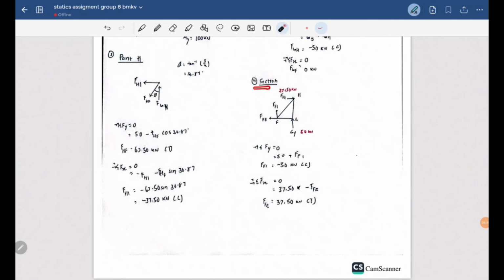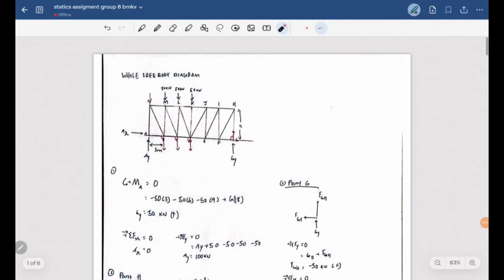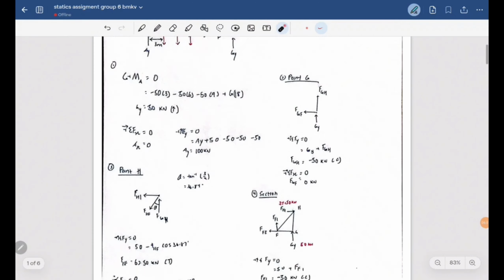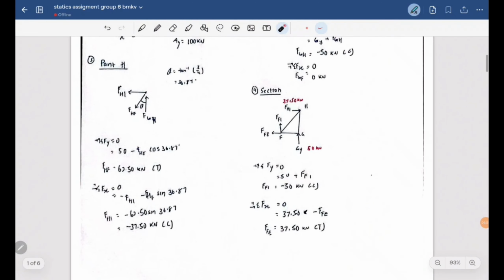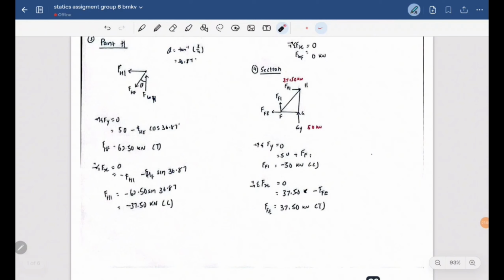Next step, we do a cross section, which is here. We cut it. And still the same, total Fy equal to 0. So this is Fy and this. So 50 plus FFI. So we got FFI equal to negative 50 kilonewton compression.